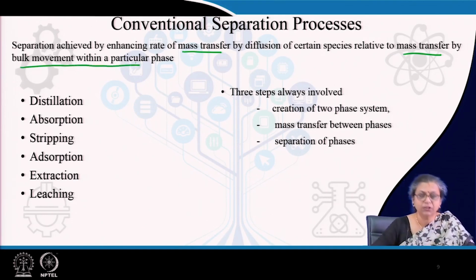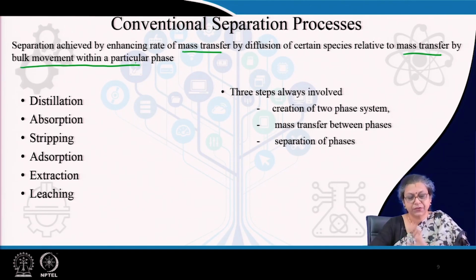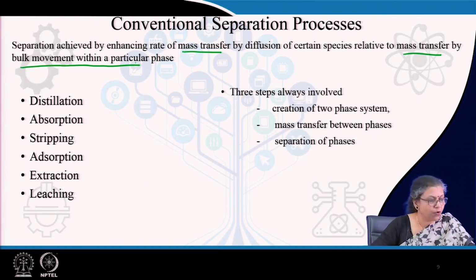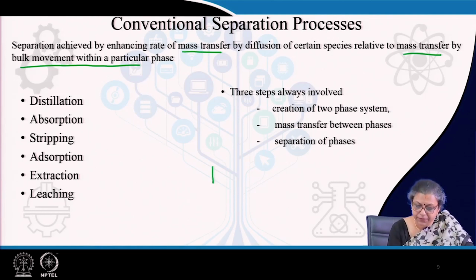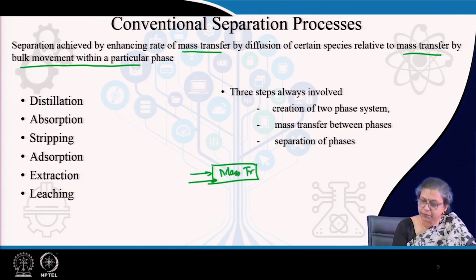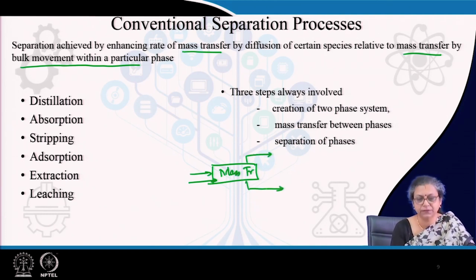So it is important that the interphase mass transfer rate is much faster as compared to mass transfer occurring by bulk motion. As I have told you, in all these processes we either create or add the two phases, and then mass transfer occurs in some particular equipment or a combination of equipments, and then we achieve separation.